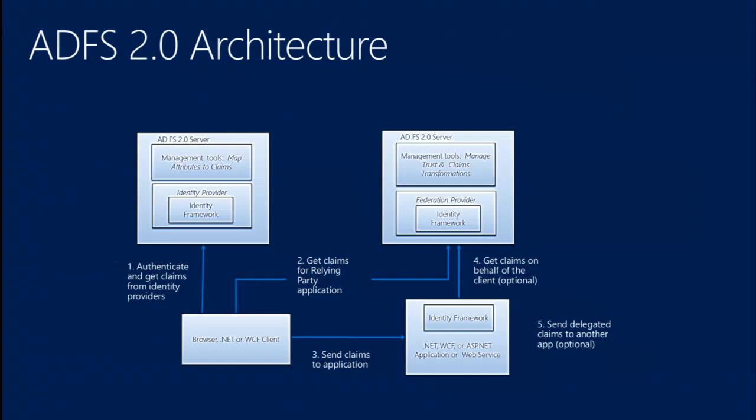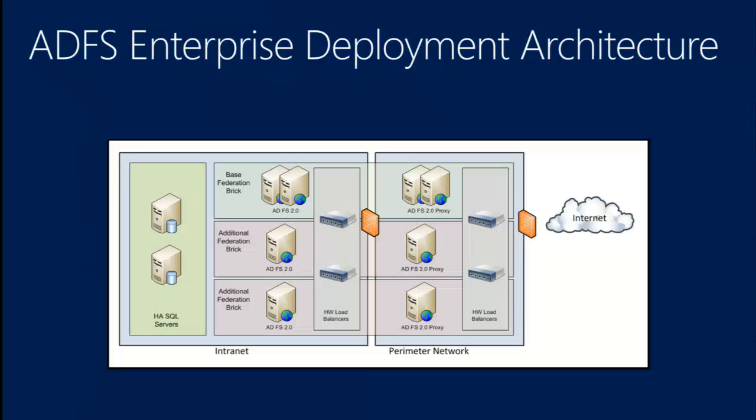All right, so this is an example of an enterprise deployment architecture for ADFS. So we could have load-balanced proxy ADFS servers, say residing in your DMZ, calling the ADFS servers on the corporate network, which in turn will access the Active Directory.